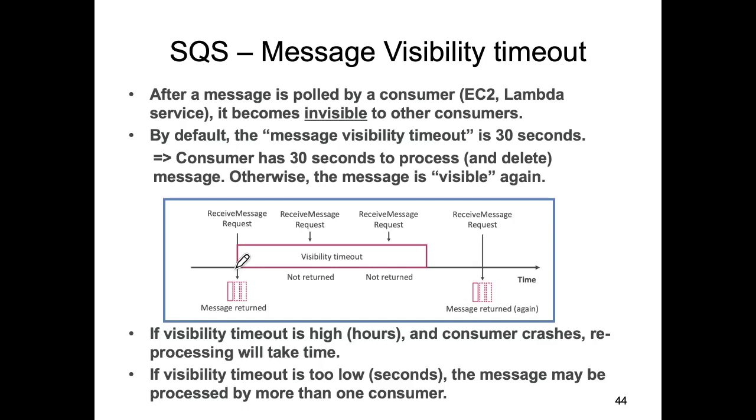And when another consumer comes along and asks SQS, are there any messages in the queue? Well, the messages just won't be there. The ones that have been processed won't be there.